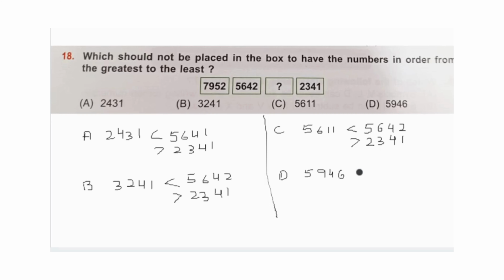Here this number is greater than 5642 and is greater than 2341. So one of the conditions is not completed, hence option D is not to be placed in the box in order to form a sequence from the greatest to the least.